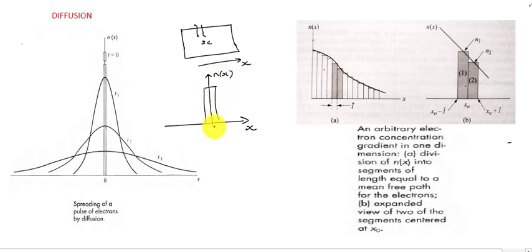At time t equal to 0, we are injecting the pulse of electrons into the semiconductor. This is the electron concentration at time t equal to 0, as shown in this graph.